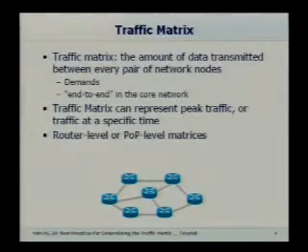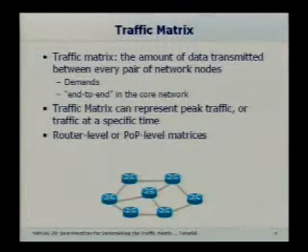First, a simple definition matter to make sure we're all talking about the same thing. A traffic matrix represents the amount of traffic transmitted between pairs of nodes in the network. I will often refer to them as demands. A demand in this case is an entry in the traffic matrix, so the traffic between two routers.